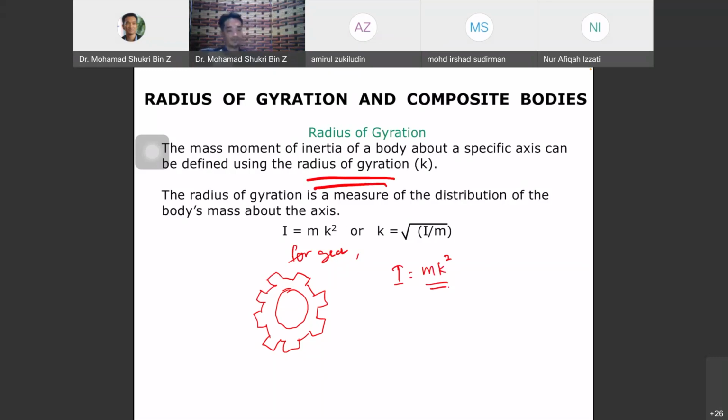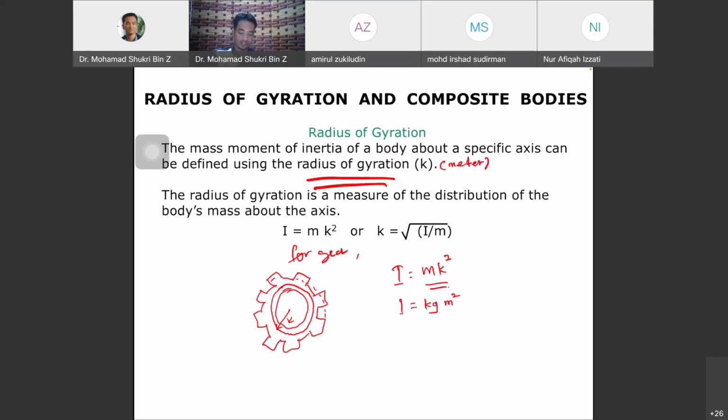K is the radius of gyration. For example, in the case of a gear, where does the mass gather when it rotates? Does it gather here, or in the middle? It gathers at a certain radius of gyration, K. Let's say this is your distance, K. So it gathers here. This is the radius of gyration, in meters. So for a complex shape, they will give you the radius of gyration, so I equals m k squared, where m is mass and k is the radius of gyration in meters.